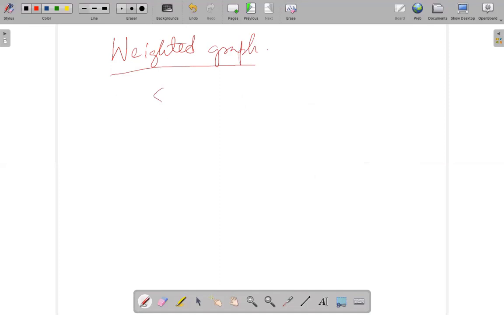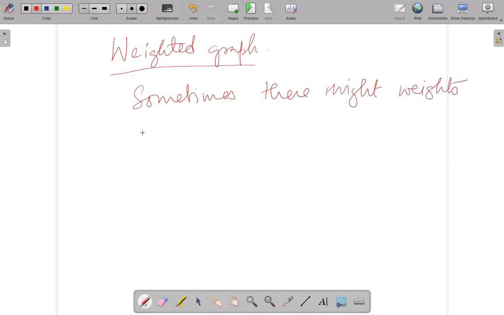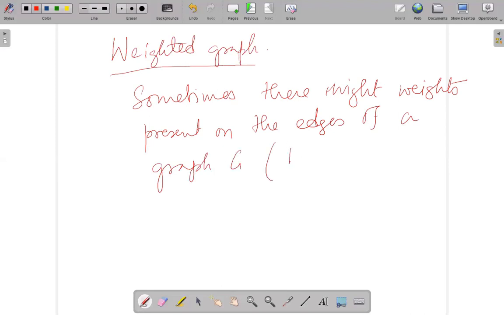Now, sometimes there might be weights present on the edges of a graph G, could be both directed or undirected.